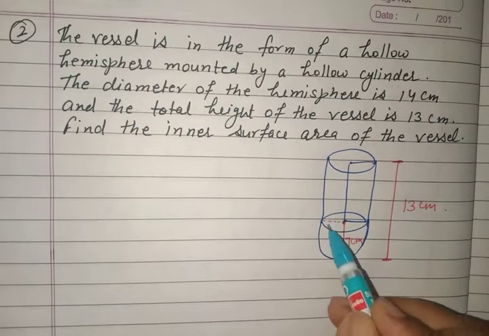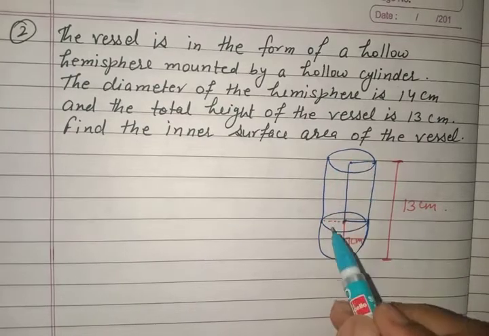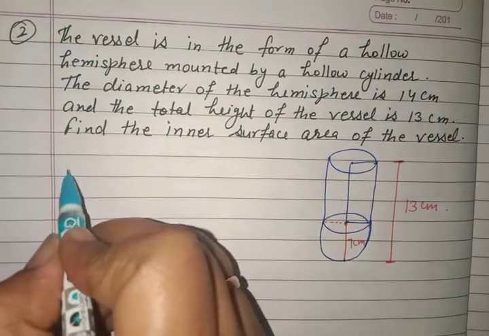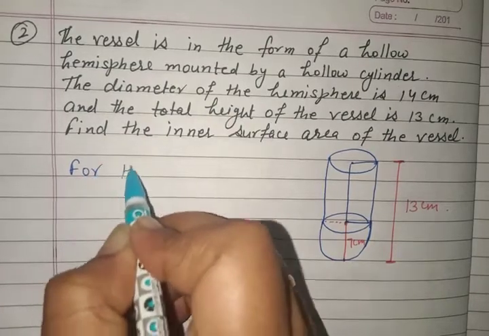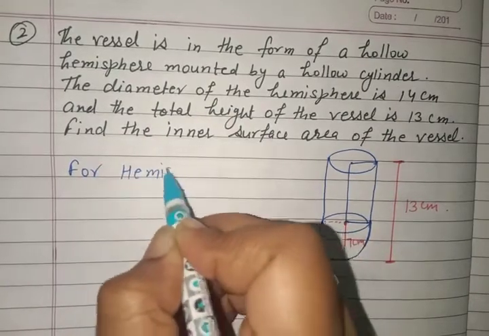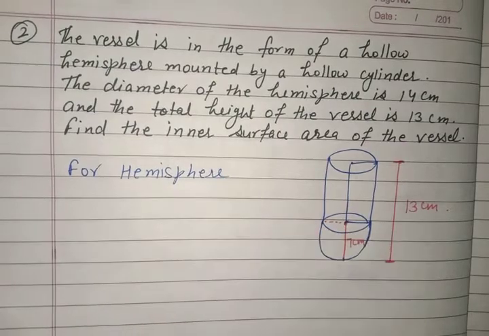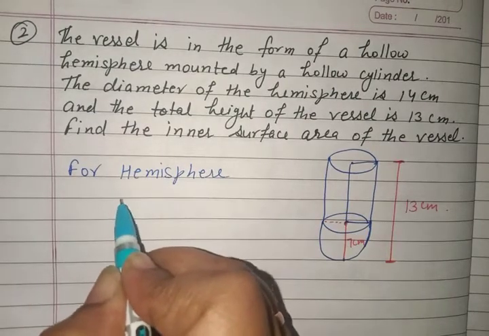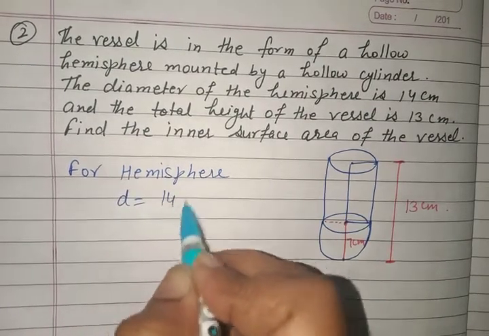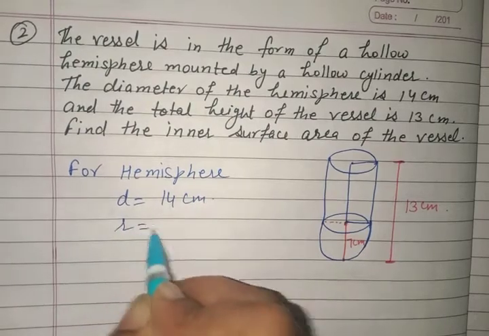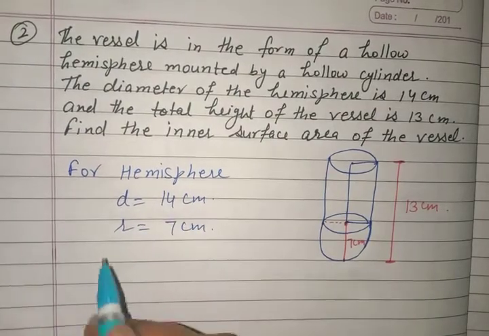So there are two figures, one is hemisphere and the other is cylinder. First we will write the heading for hemisphere. For hemisphere, what is the radius here? Because diameter is 14 centimeter, the radius is 7 centimeter.